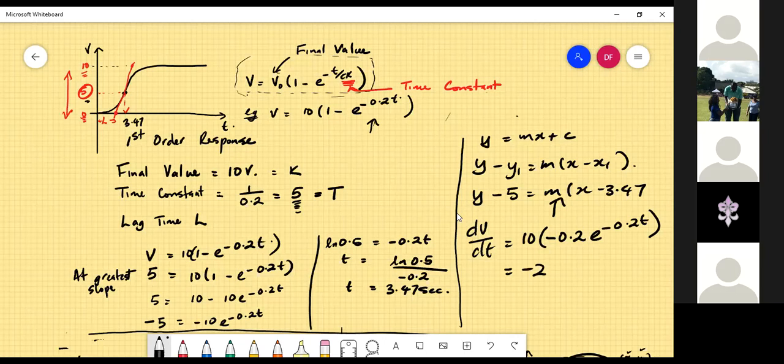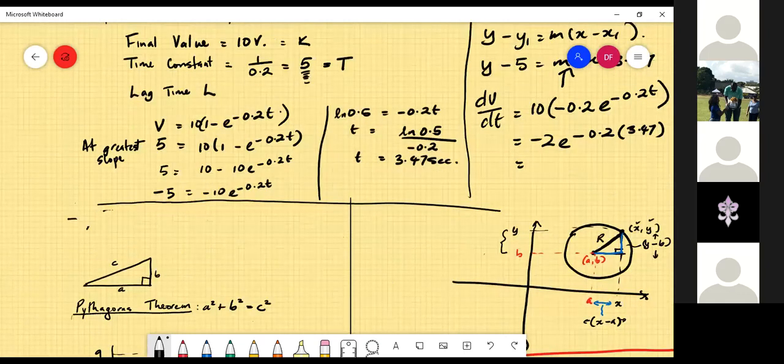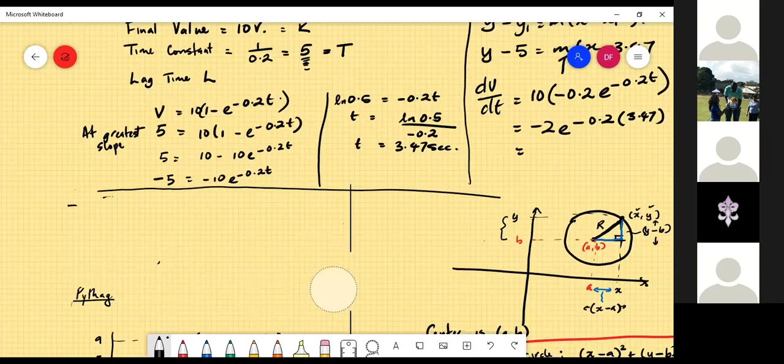That's minus 2 e to the minus 0.2 times the value of t that we want, that is 3.47. So work out that for me, someone. Minus 1.